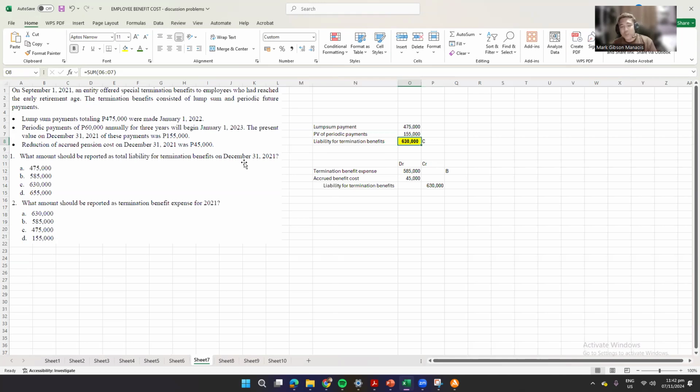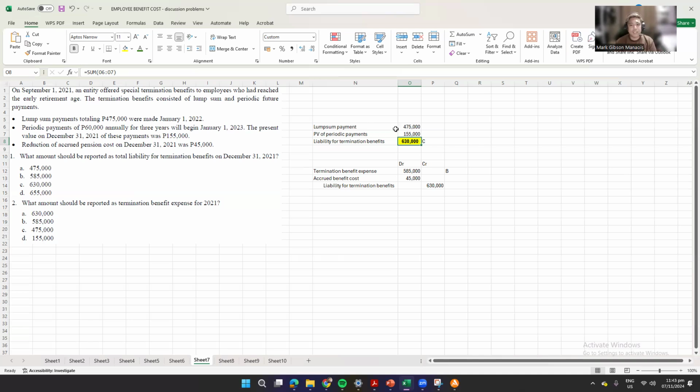The question is how much is our total obligation? In this case, we have to include the lump sum payment. When will it be paid? January 1, 2022. Do we know that as of year end 2021? The answer is yes. Therefore, we have to recognize it as a termination liability.